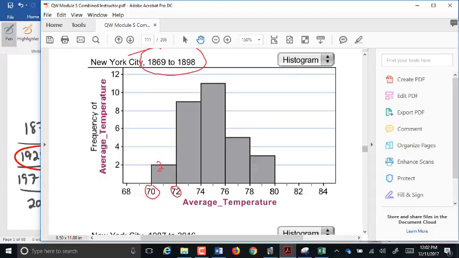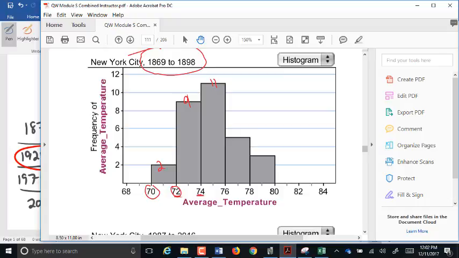And what they found is that there were 2 years where the average temperature in the month of July was in that range. And then they went from 72 to 74 degrees, again, probably 72 to 73.99. And they found that there were 9 years in that 30-year span that the average temperature was between 72 and 74 degrees. From 74 to 76, there were 11 years.